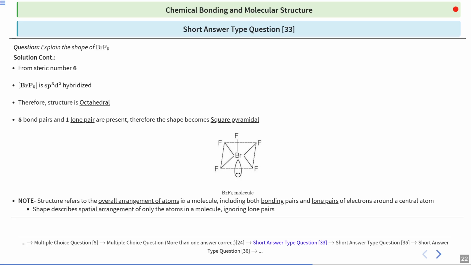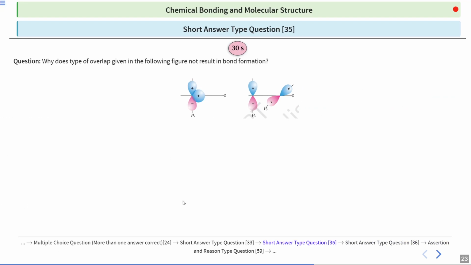Now moving on to the next question. Our next question is, why does the type of overlap in the following figure not result in bond formation? There are two kinds of overlap given here, and the question is saying that both of these overlaps do not result in bond formation. You have to justify it using a proper reason. Just think about the reason.